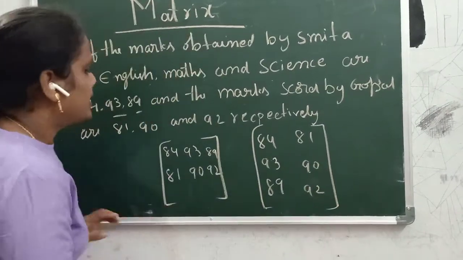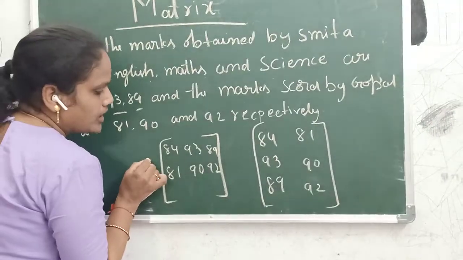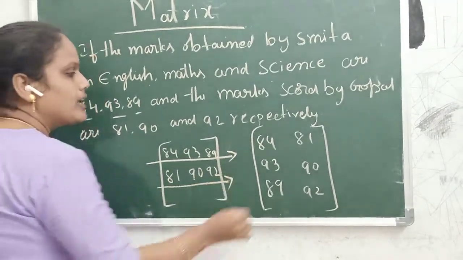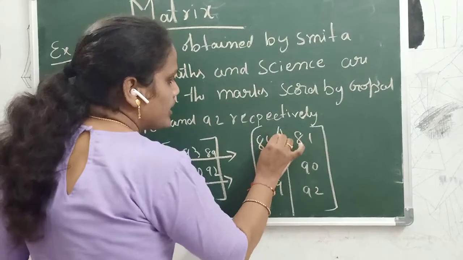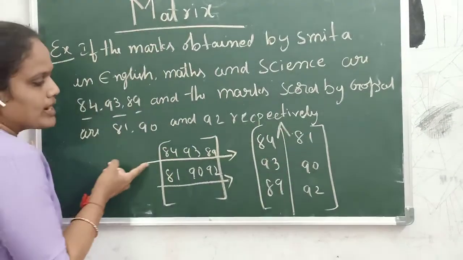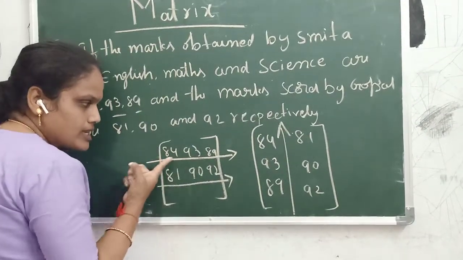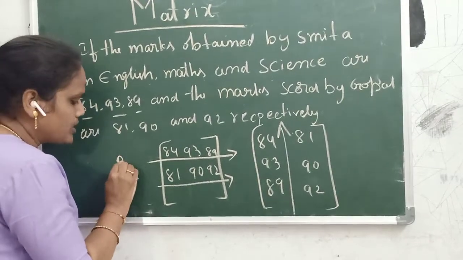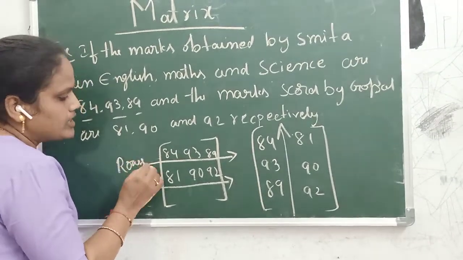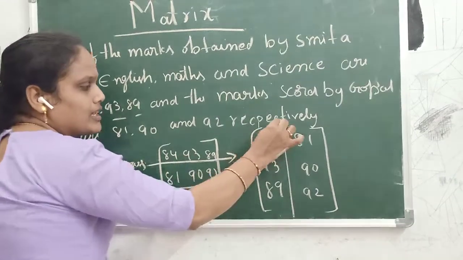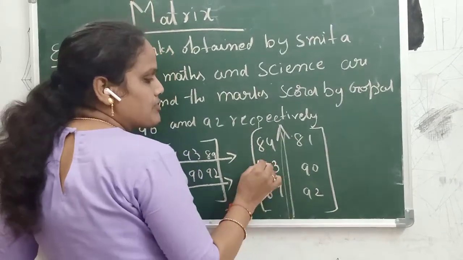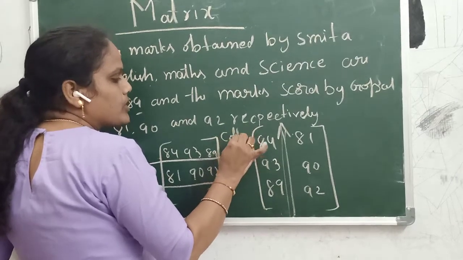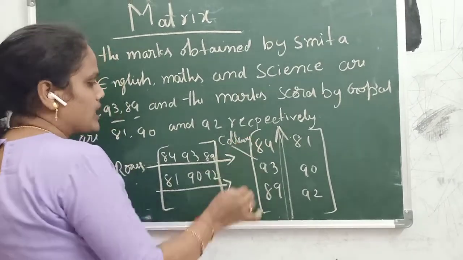So in the horizontal way we can write, and in the vertical way also we can write. This horizontal line of numbers is called rows. In the vertical, whatever the numbers or functions are there, these are called columns.